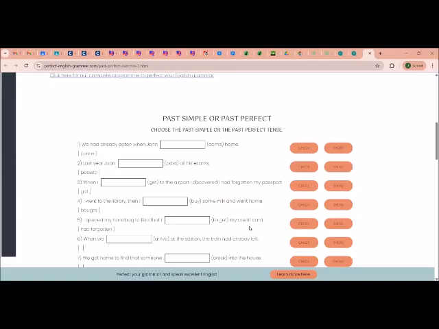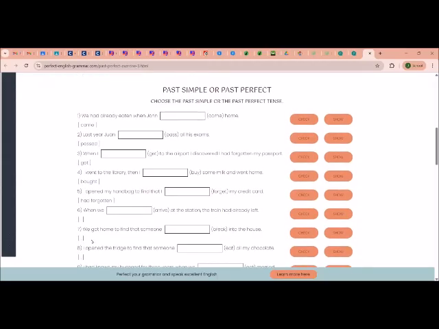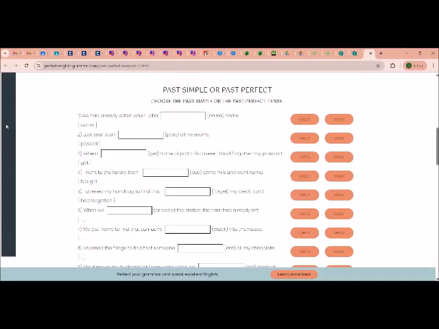All right, let's continue with Karina, number 6. When he had arrived at the station, the train had already left. All right, now here is a little bit of a clue.